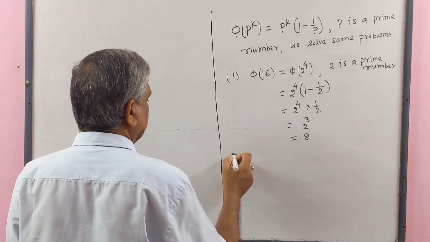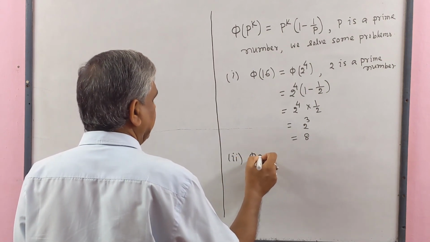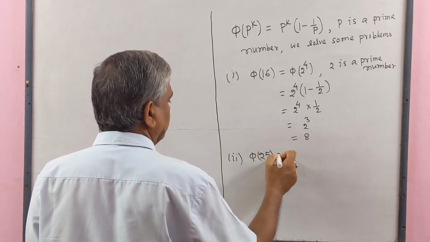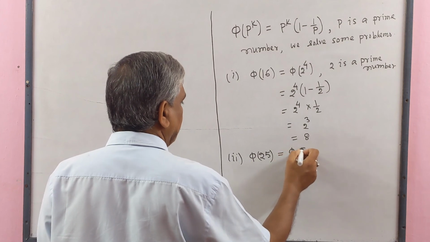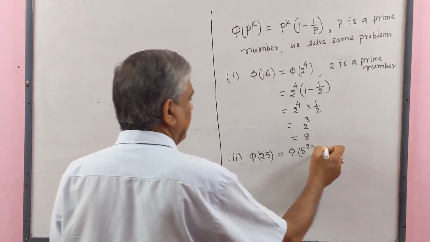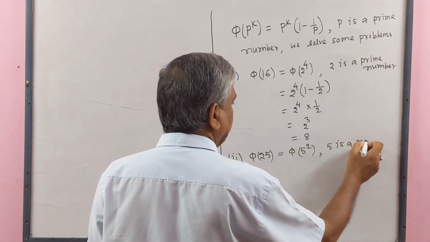Number 2. Find phi(25). This equals phi(5 square), 5 is a prime number.